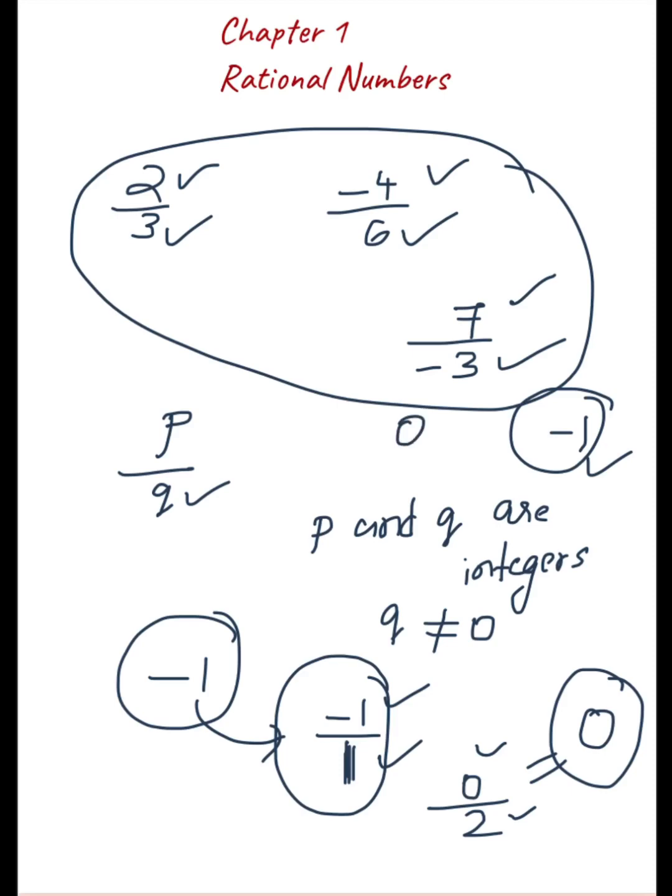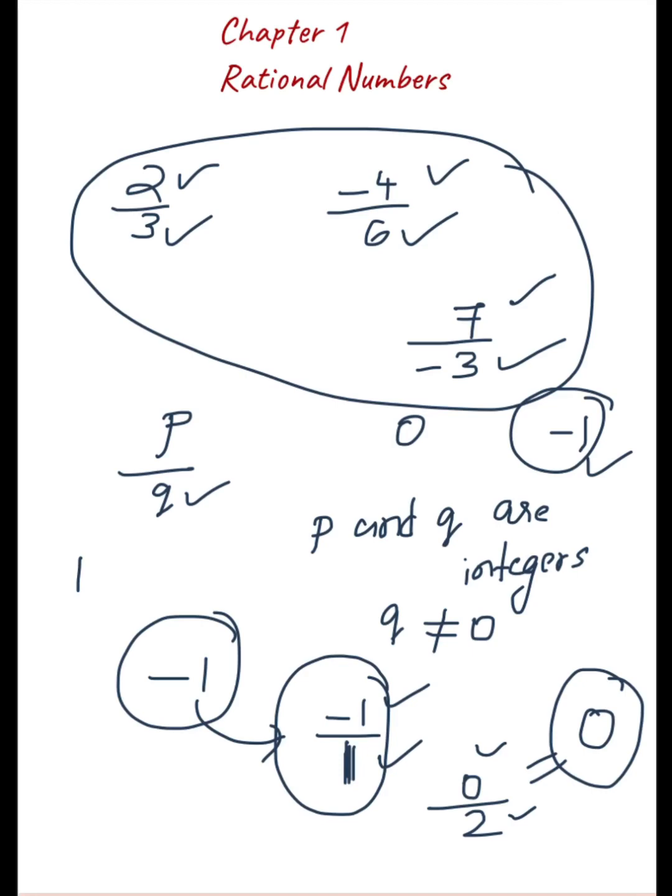Similarly, 0 is a whole number, but you can see this inside a rational number. This 0 is a rational number. And 1 is a whole number, a natural number, and an integer. So this 1 you can see inside a rational number. Rational numbers include natural numbers, whole numbers, and integers.